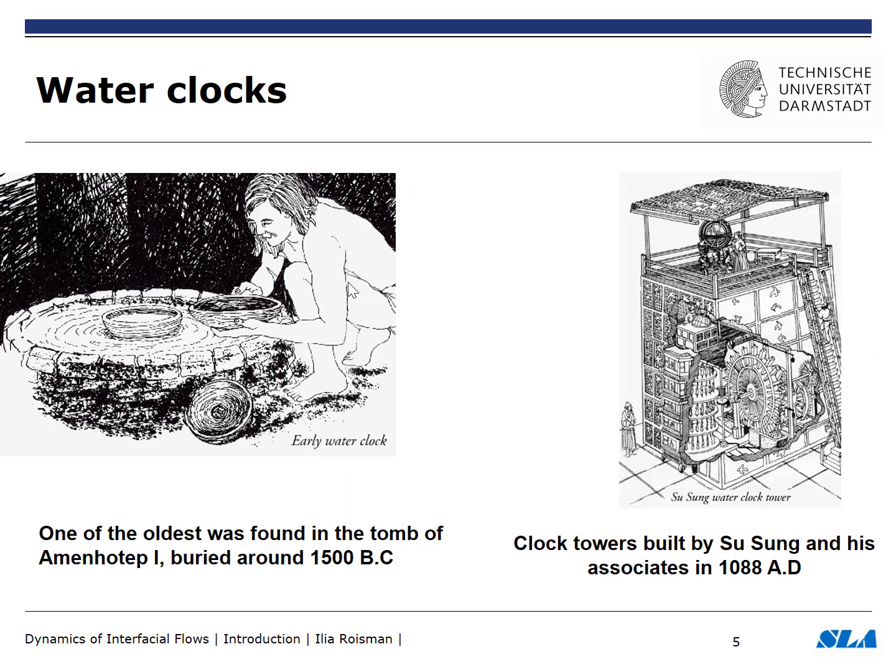Water clocks. What you see is an old type of water clock of different shape. It is a reservoir of specific shape with a hole inside, and the level of the liquid changes with time linearly.